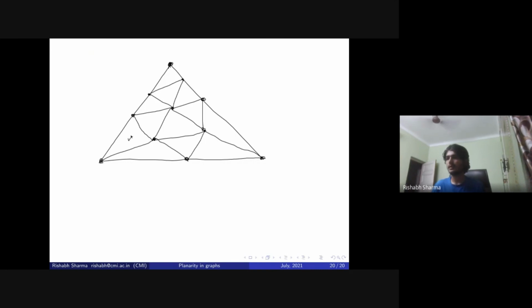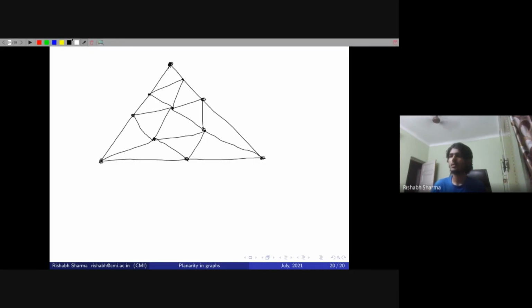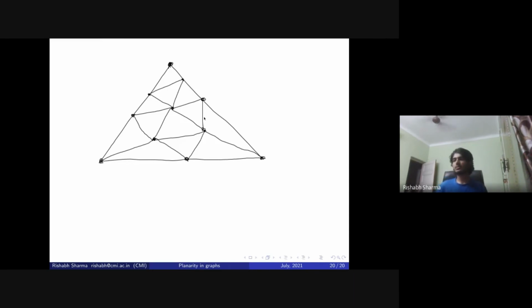And also, if you take a vertex of a triangle, it should not lie on the interior of an edge of another triangle.